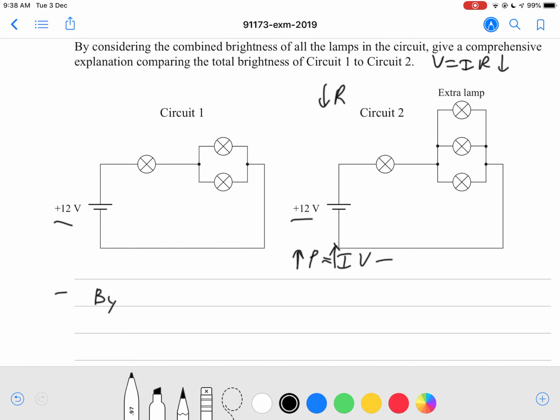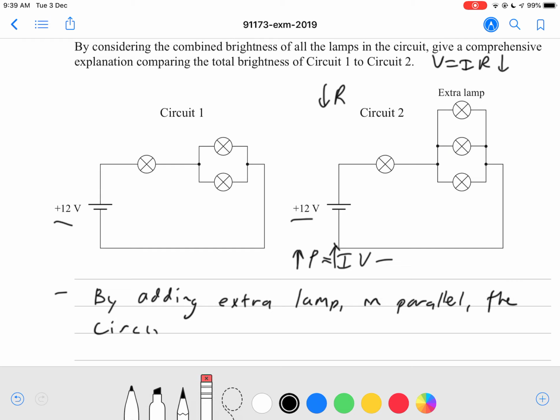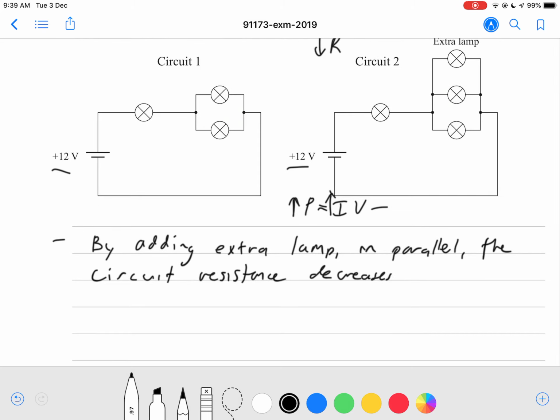So some important points probably to cover in this question, I'll just do some bullet points here. By adding an extra lamp in parallel, circuit resistance decreases, circuit current increases, extra pathway for current to flow, and voltage stays the same.